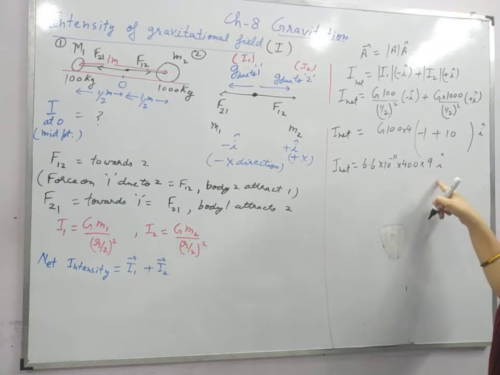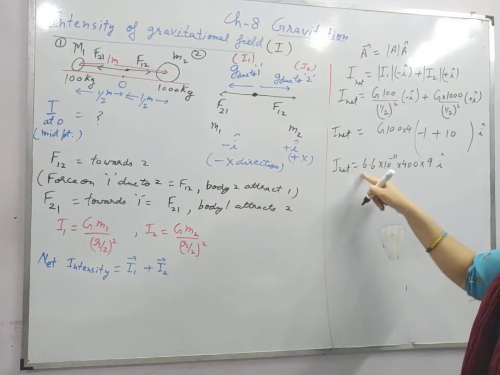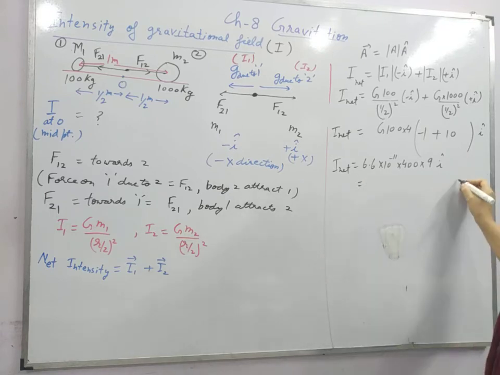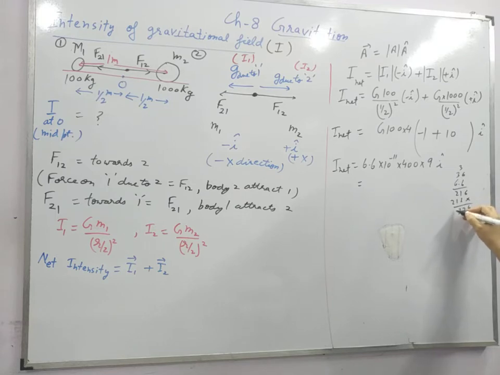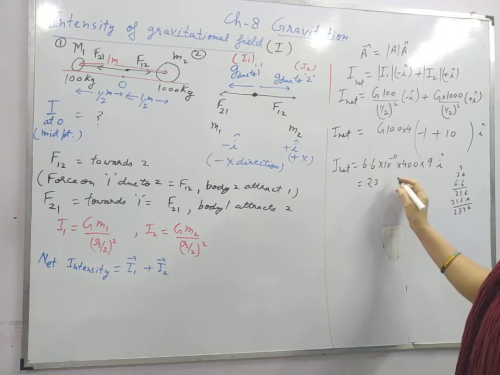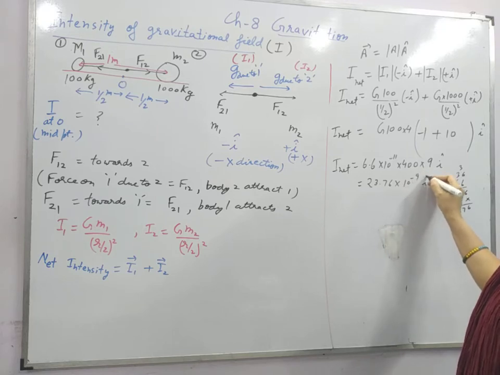That means net intensity will be along the plus i cap direction. This is positive i cap now. So let's multiply this: 4 nines are 36, 6.6 into 36, so this is 23.76 into 10 to the power minus 9 i cap, right?